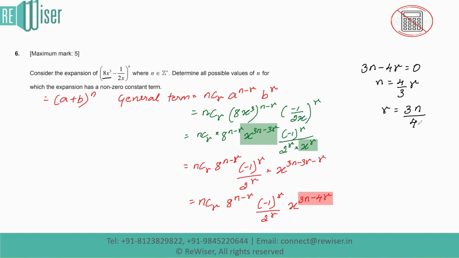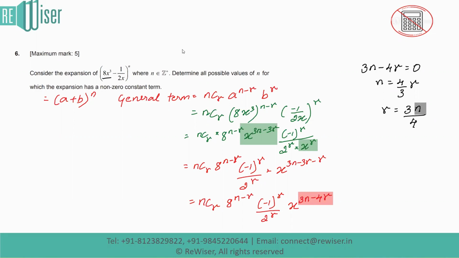Now, the first thing we have to observe here is that r cannot be a fraction. So r has to be an integer. When can r be an integer? r will be an integer only when n is a multiple of 4. If n is a multiple of 4, only then will these things get cancelled out.